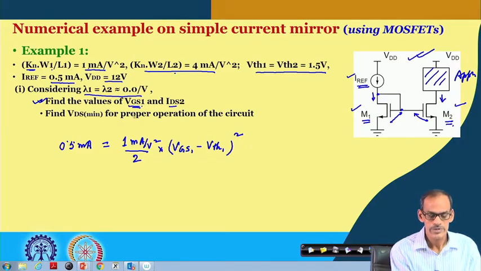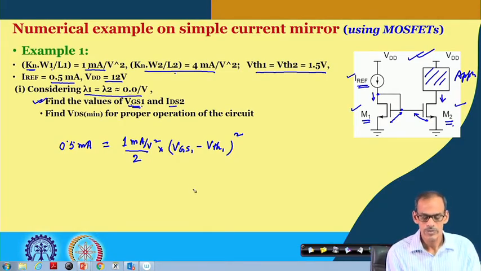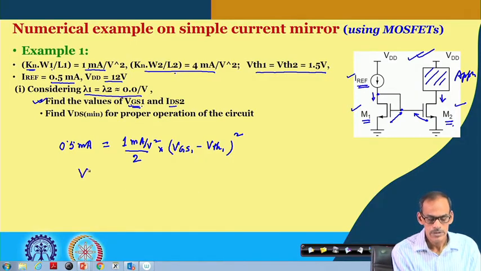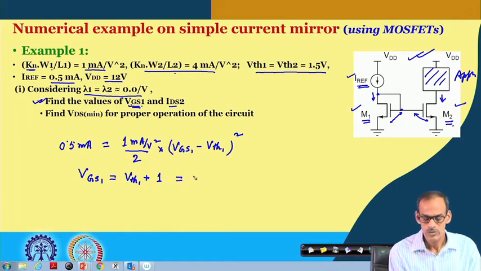Note that for this calculation we are ignoring 1 plus lambda VDS. Even if lambda is given, we normally ignore that. If you see this equation, it gives us VGS1 equals VTH1 plus 1, which is equal to 2.5 volt.